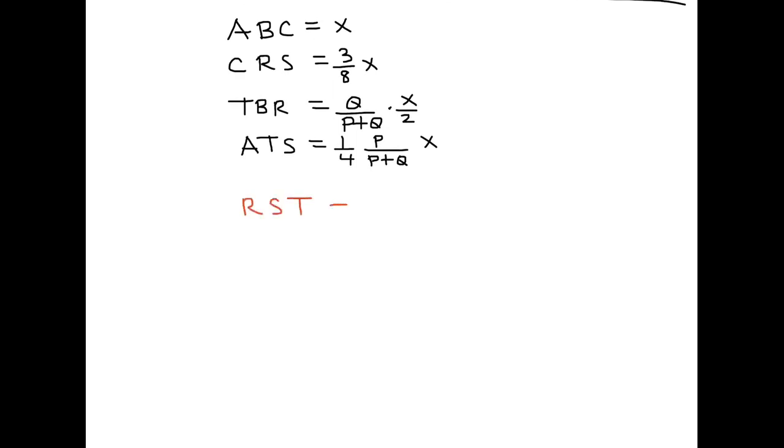So RST is equal to twice TBR. So let's fill all this in and we'll be able to solve this. TBR is right here. Q over P plus Q times X over 2.